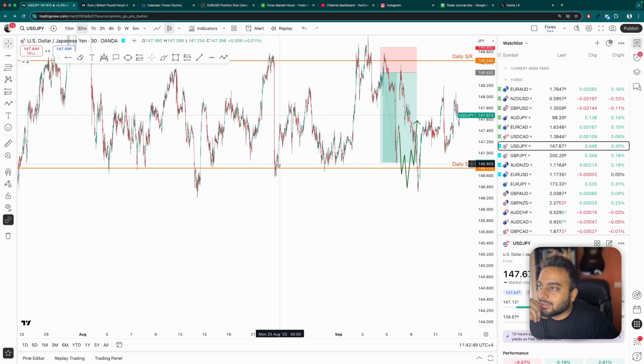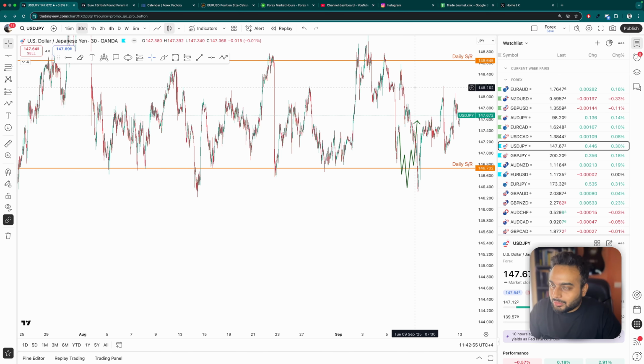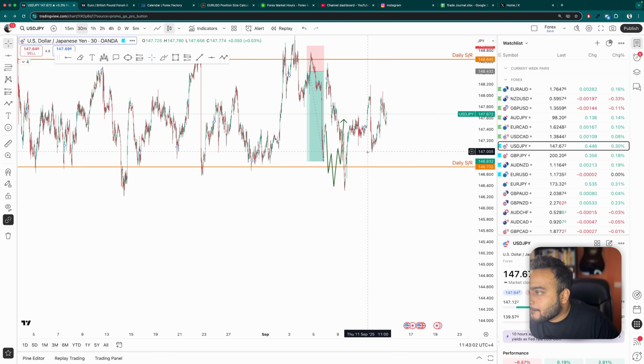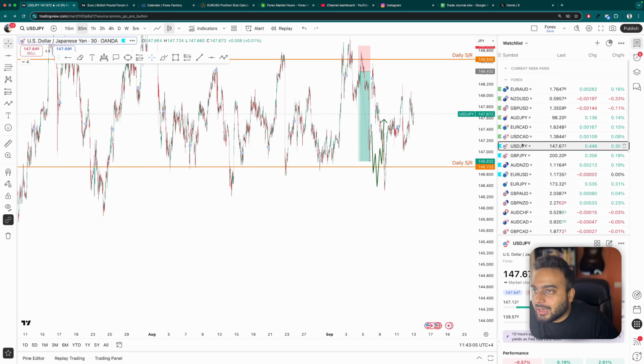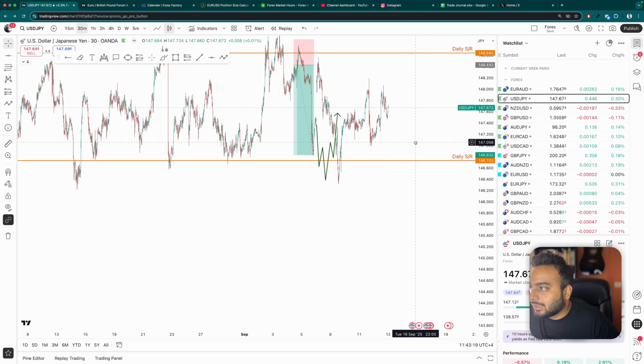So this is one of my secret trades which I take without thinking much. I love this USD JPY. This is just like GBP USD last week. I'll mark it green because it doesn't matter if it happens this week or next week, but I'll put a buy limit directly.